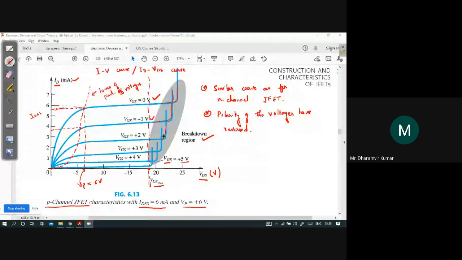It is not functioning properly. The current is increasing almost instantly. So this thing we should avoid for any device, not just JFET, that we should operate the device under the prescribed maximum limits. Otherwise, there is a good chance that the device will get damaged permanently.